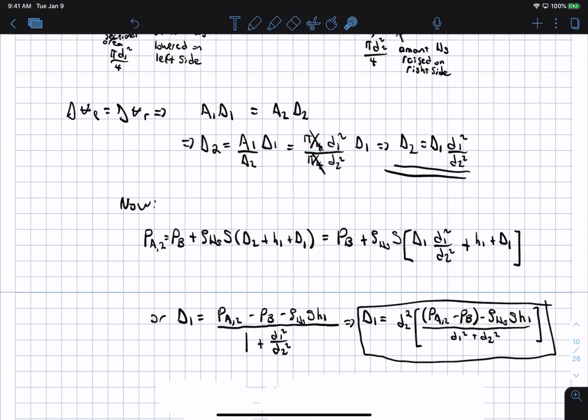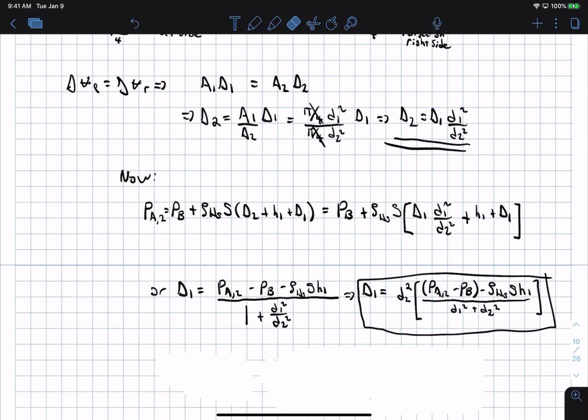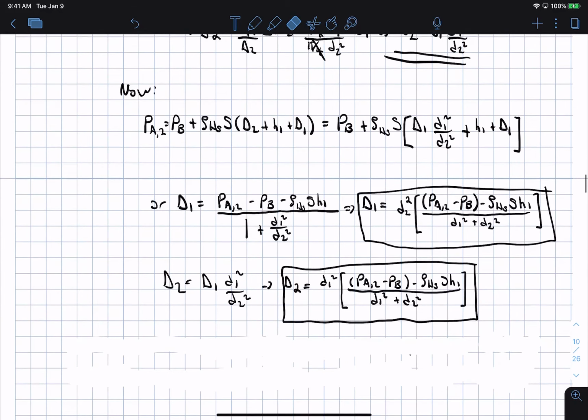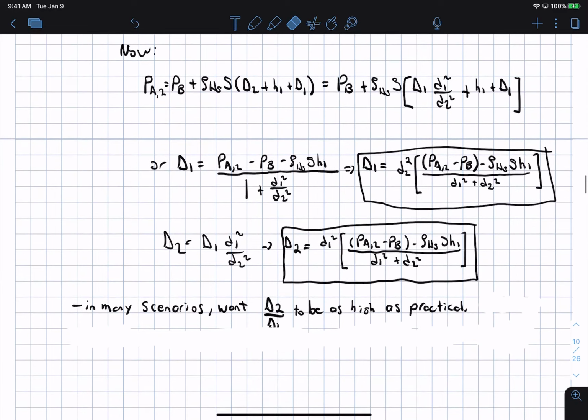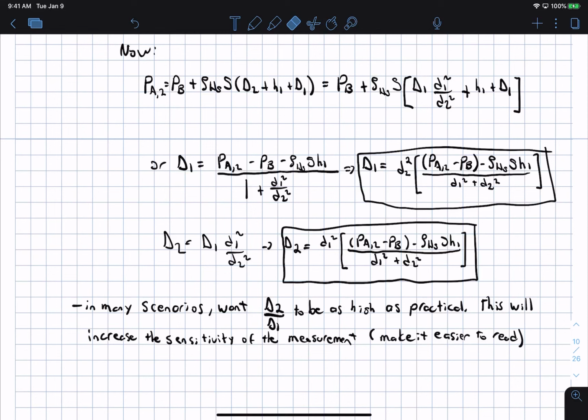And so really why we do this is, in many scenarios, we want to make a very sensitive gauge that can detect a change of pressure.